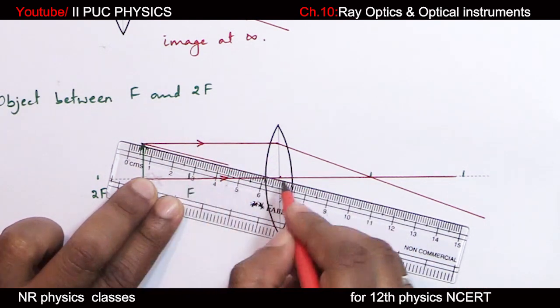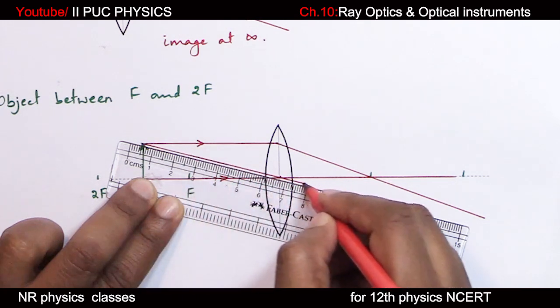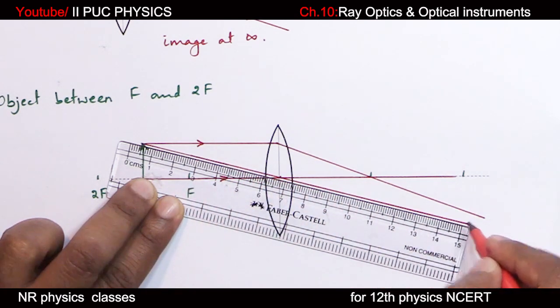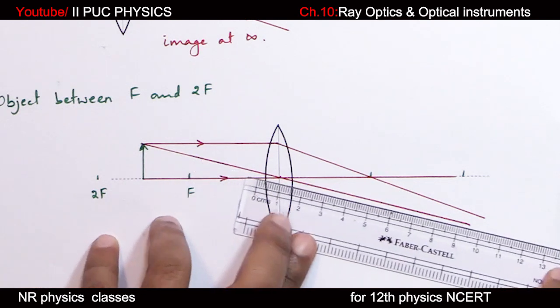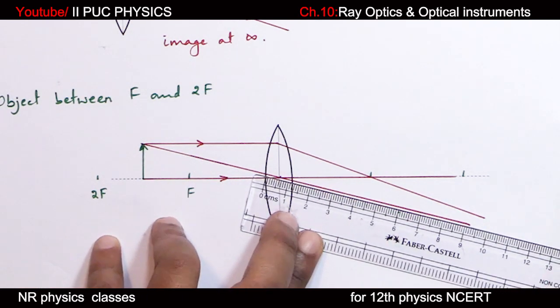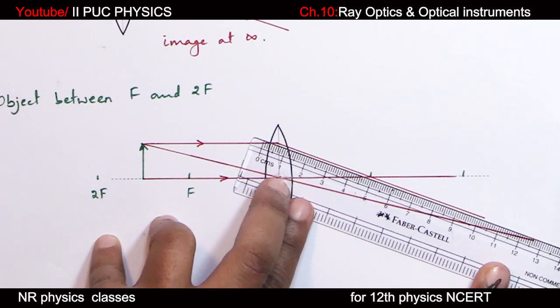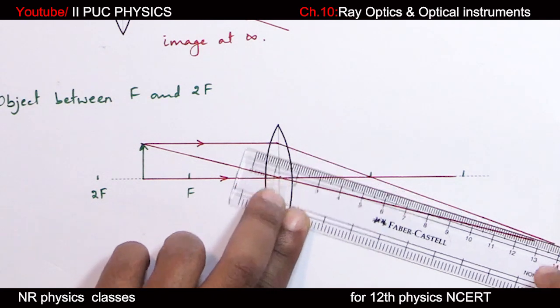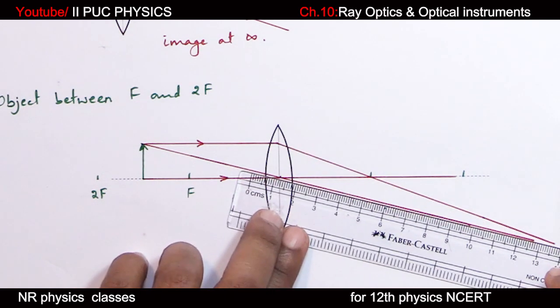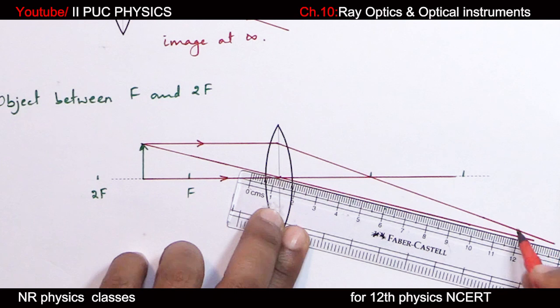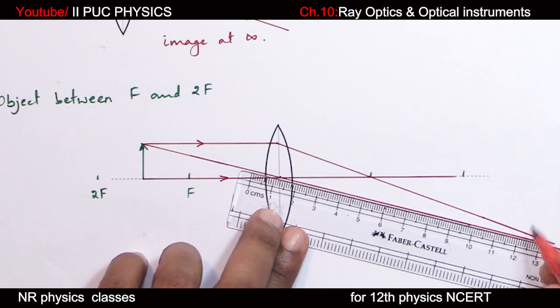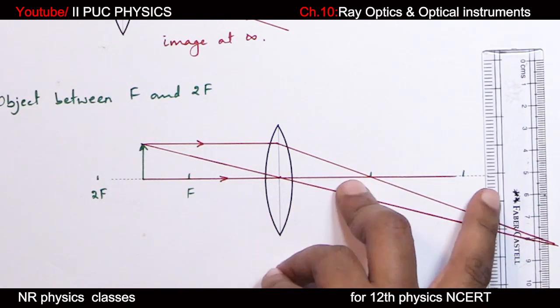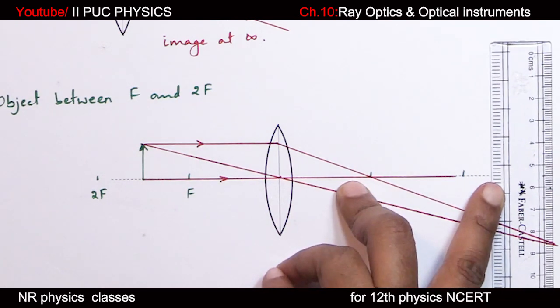Since this ray is passing through the optic center, there is no deviation. So it passes straight and it meets the first ray somewhere here, and this is the image.